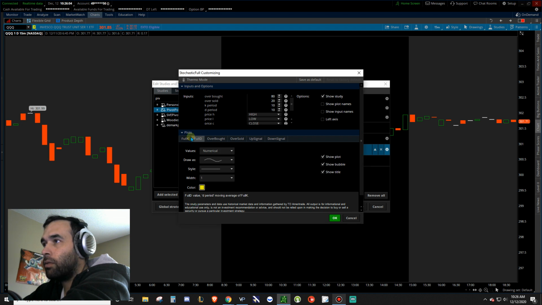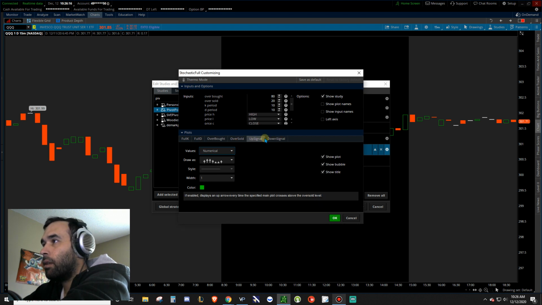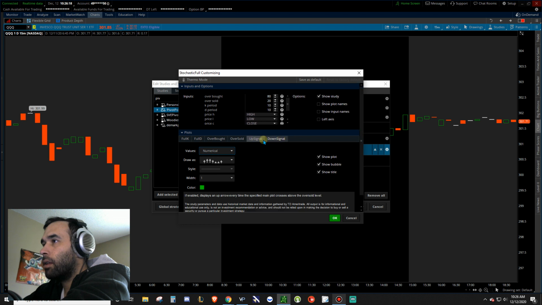So full K is cyan, full D is yellow. Overbought, I like to put red. That's kind of like, hey, it's overbought, warning signal. Oversold, green, like, hey, let's go buy. And then these up signals, I don't even think they end up showing. And then as far as the settings go, 80, 20, 14.